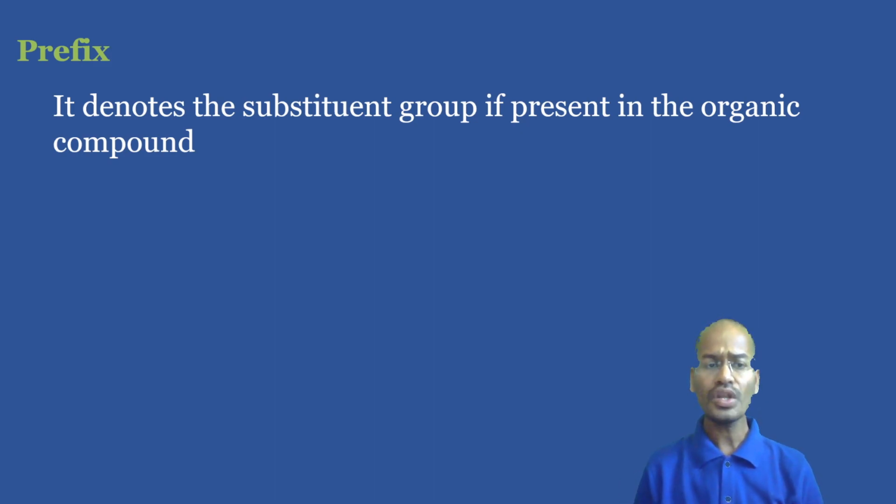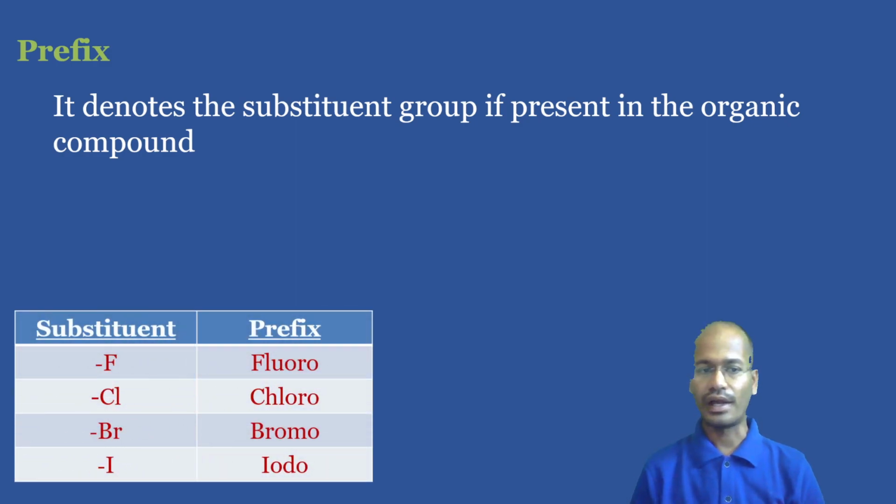Prefix. It denotes the substituent groups that are present in the organic compound. Of course, we are going to see with the help of some examples where you can easily understand. A few prefixes, for example: for halogens, if I take F, that is fluorine, then the prefix will become fluoro. If the substituent is chlorine, Cl, then the prefix is chloro.